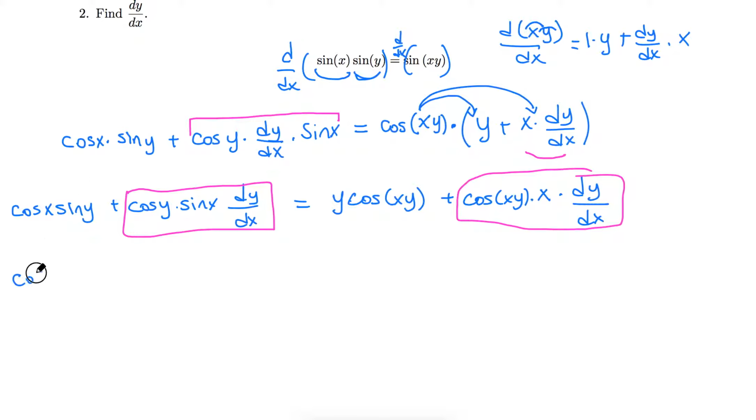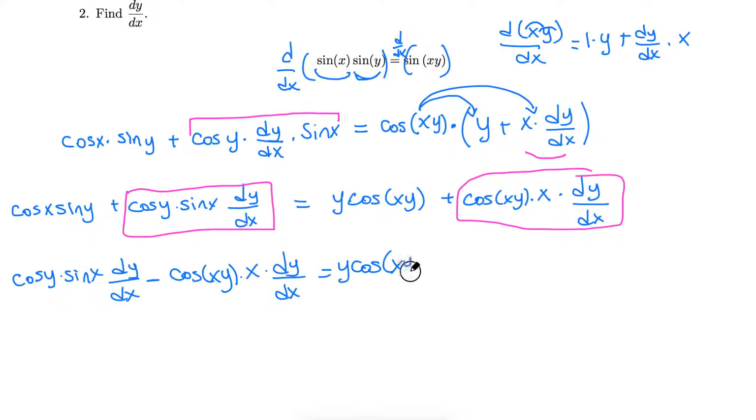Cosine y times sine x, I'm copying this, dy over dx, minus this expression, cosine xy times x times dy over dx, equals, this is left on the right side, y times cosine xy, and also we are moving this term to here, so minus cosine x sine y.